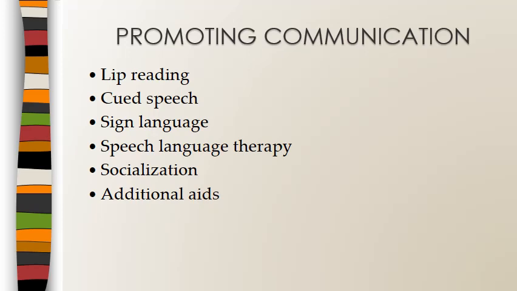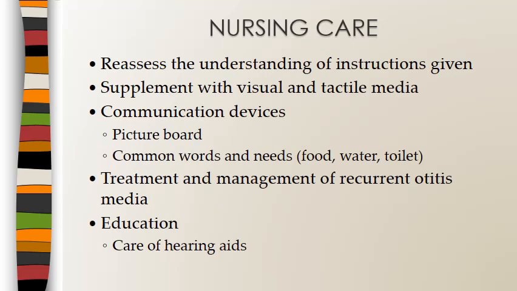That can include telephones that don't ring but light up, showing a light so that they can know that the phone is ringing. The same thing with the doorbell. There will be a light also with the sound so that they can recognize that somebody may be at the door. So nursing education does include reassessment of understanding of any instructions that were given.